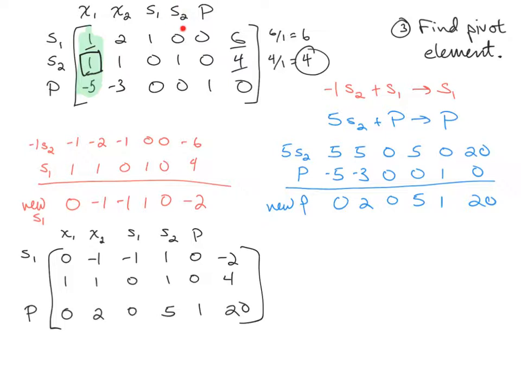It shifted from s sub 2 to be under x sub 1. So this new row label is x sub 1, because it used to be here, and now it's here. So that means s sub 2 exited and x sub 1 entered.